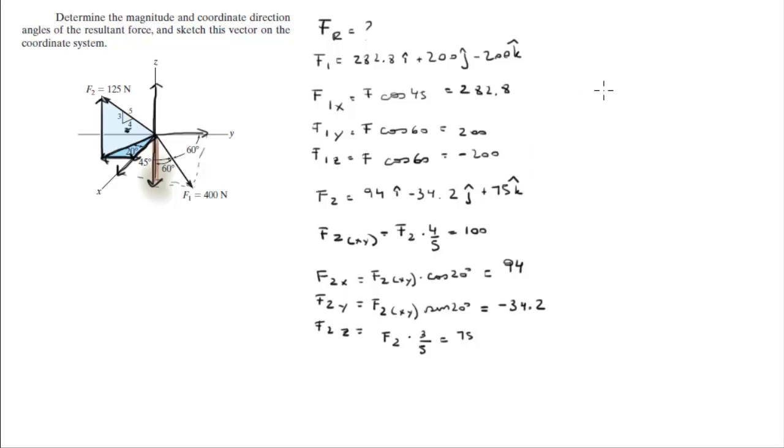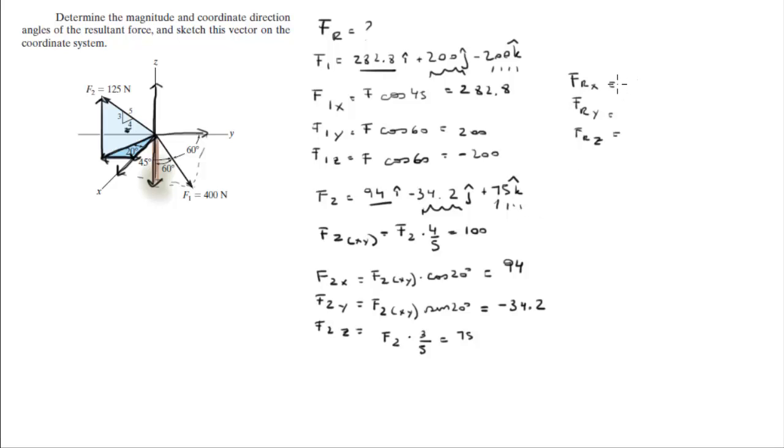So to find F_Rx, F_Ry, and F_Rz, you just add x with x, y with y, and z with z.